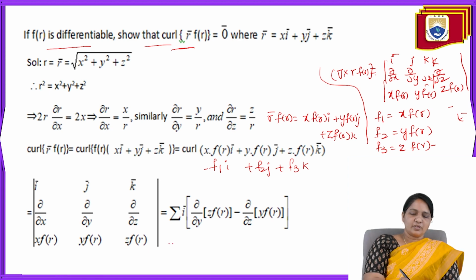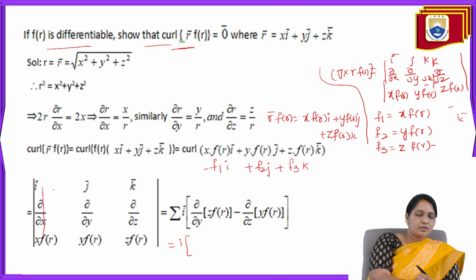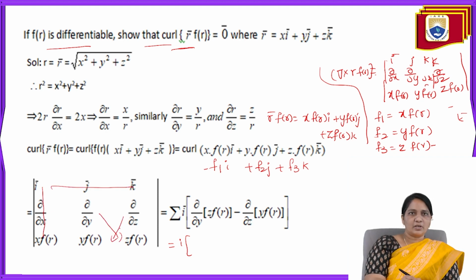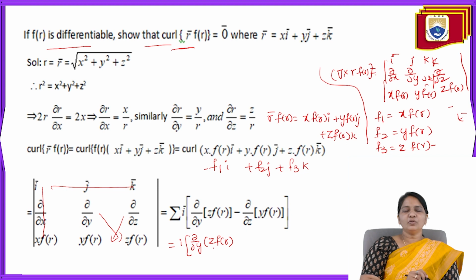Now we are going to calculate this determinant value. So first, i into. When I do for the i, we do the cross product like this: dou by dou y of z f of r minus dou by dou z of y into f of r. This is the first term.